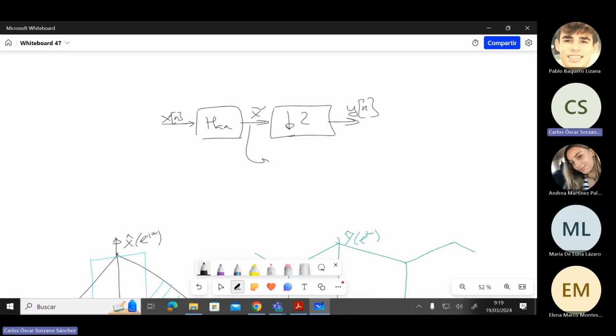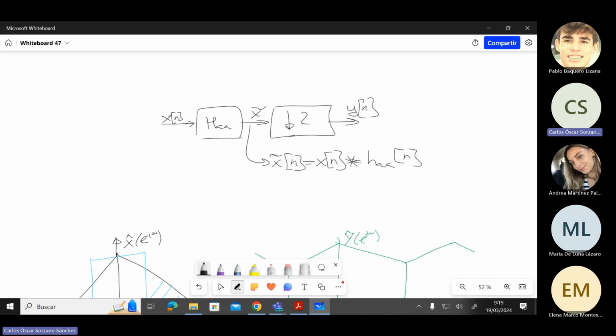So this is the convolution of X with the impulse response of the anti-aliasing filter. This is one way to do it.